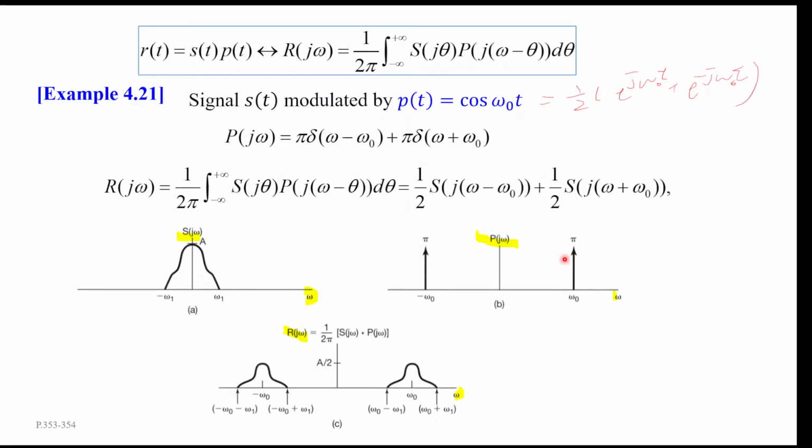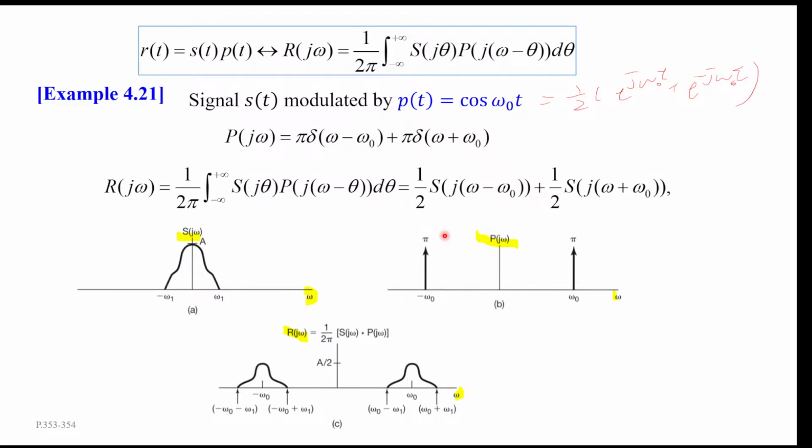Now we see what happens when you convolve your big S with this signal. You convolve big S with two delta functions, and we already know that convolution with a delta function just applies a shift. So convolution with delta(omega minus omega naught) gives you S(j(omega minus omega naught)), and with omega plus omega naught you get S(j(omega plus omega naught)).